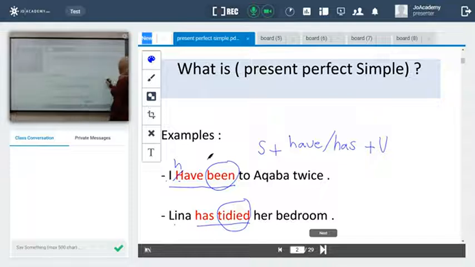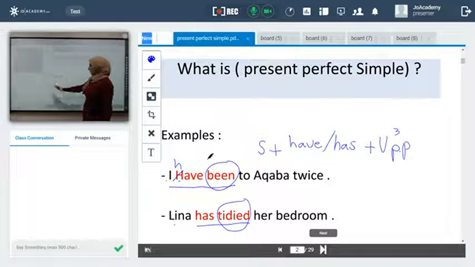So it is a verb in the past participle form or verb 3. So again, I have been to Aqaba twice. Lina has tidied her bedroom.